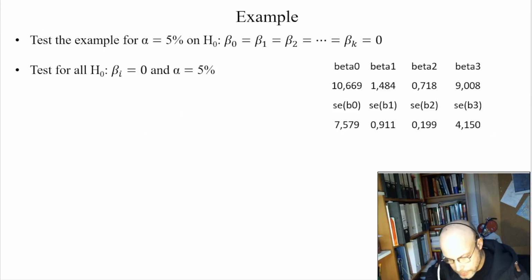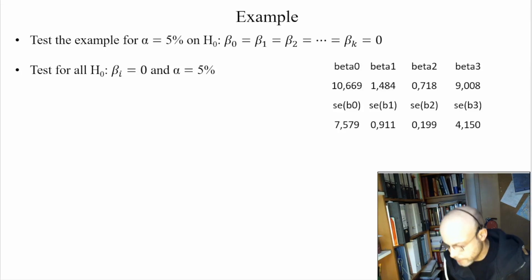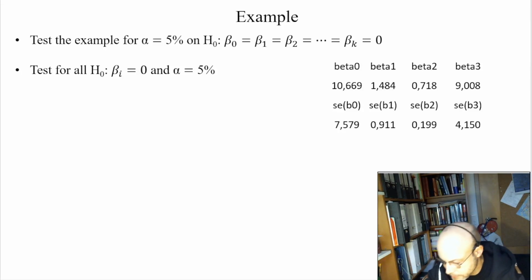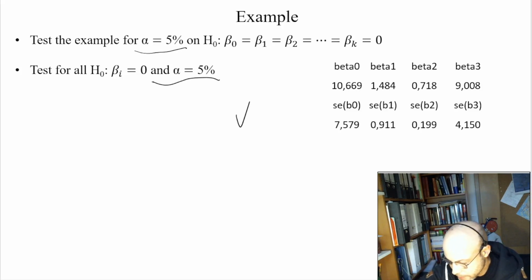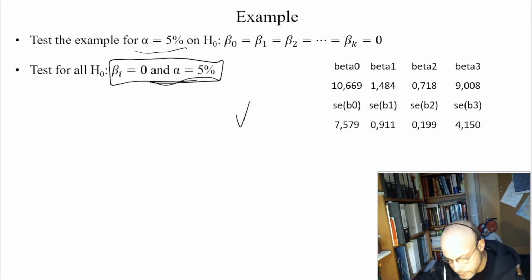Okay, so this we have done here already. Oh, we should do it also for significance level of 5%, and also here for 5%. Then let's have a look and let's do this for a level of 5%.